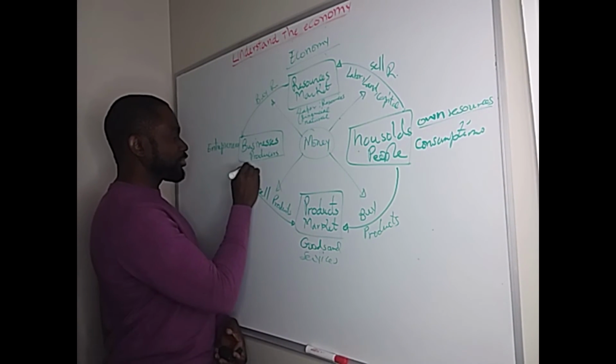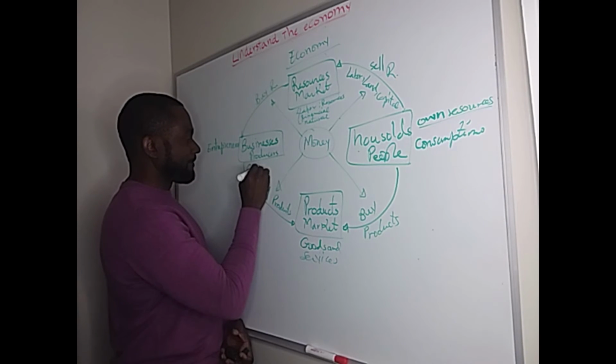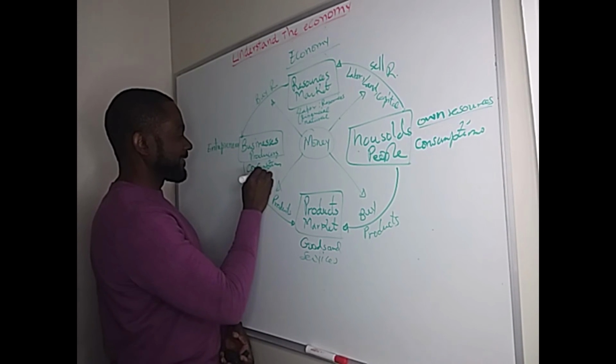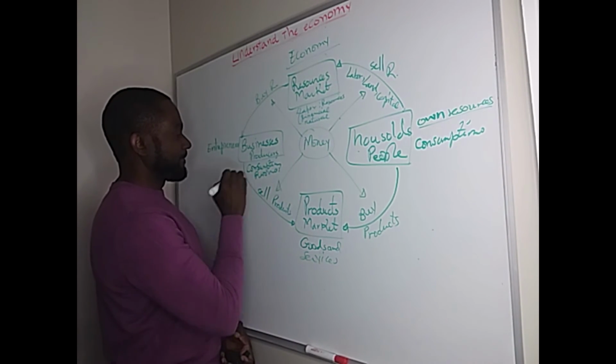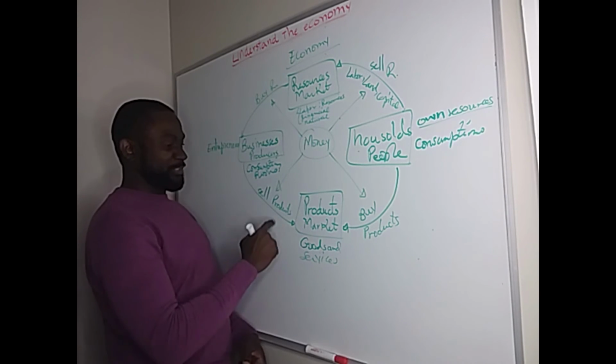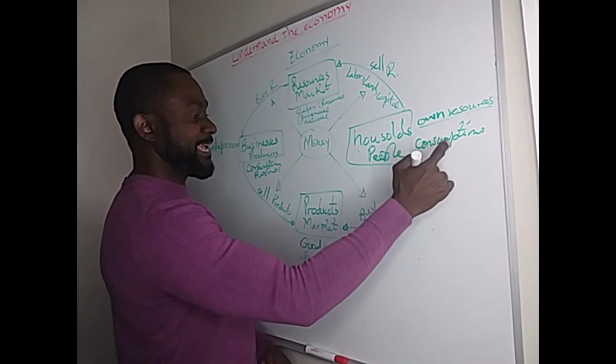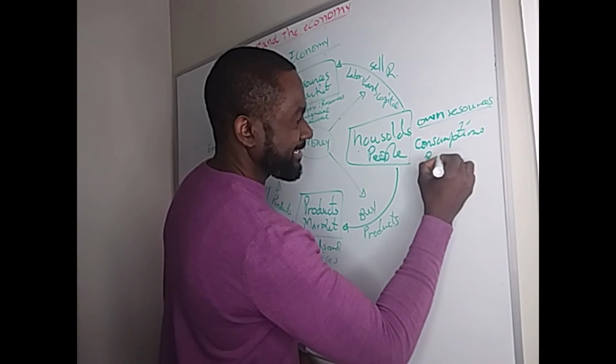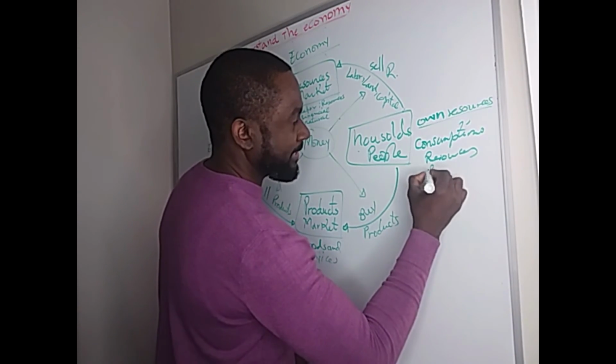Business is a consumer as well. Consumption is happening here also, but with resources. They consume resources to produce a product. We consume resources and then we consume the product. Right? So we have resources and product.